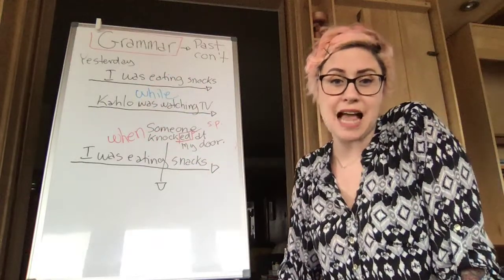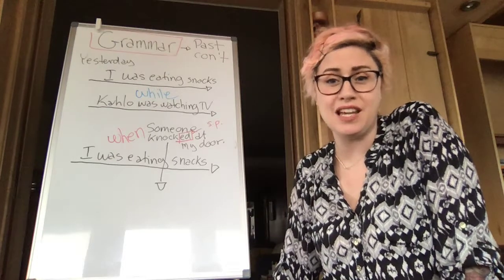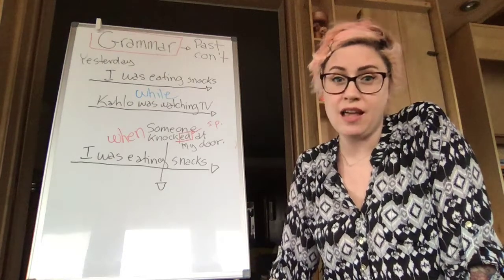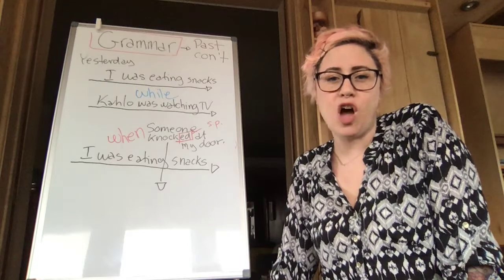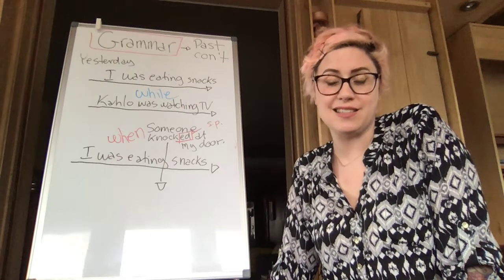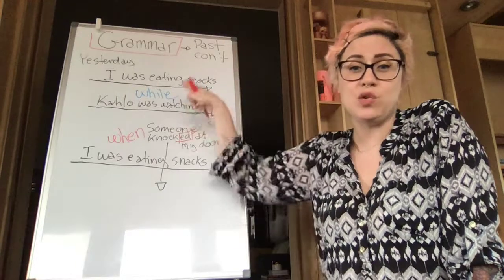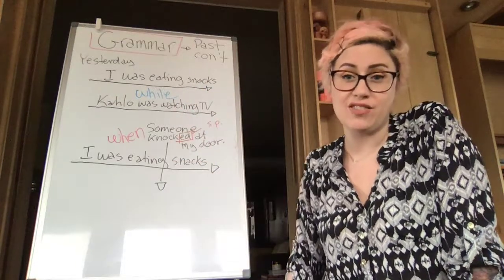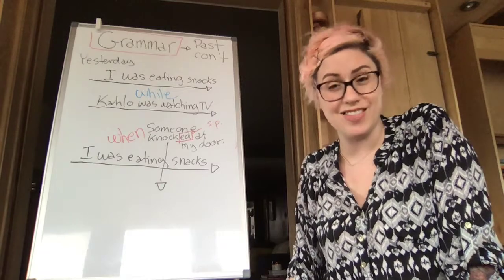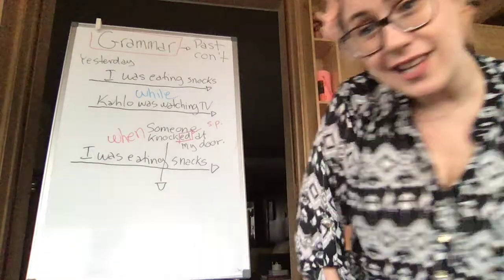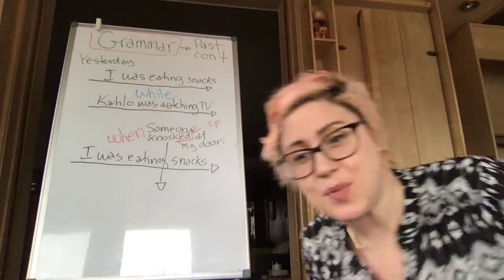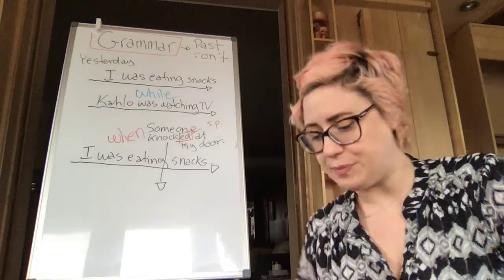Like, I was eating snacks when Callow was watching TV. That's actually totally fine. And someone knocked at my door while I was eating snacks. That's also kind of totally fine. So you can really use either of these words in either of these situations most of the time. Okay, so that's it. That's the past continuous. Easy peasy, right?